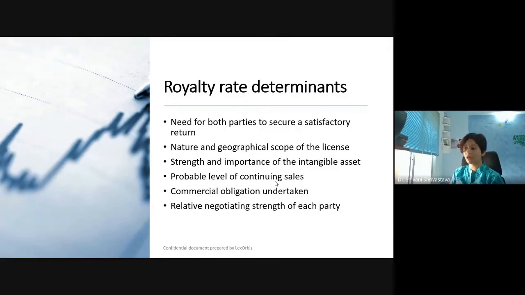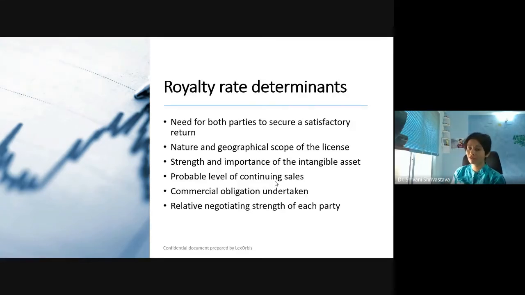If it is very strong, if the claims of the patent are covering the technology in a broader way, that means the invention is being covered broadly. In that case, the royalty will be on the higher side. The royalty rate also depends on the continuing sale, and the commercial obligations undertaken. What kind of commercial obligations have been taken by the licensee also helps to determine the royalty rate.